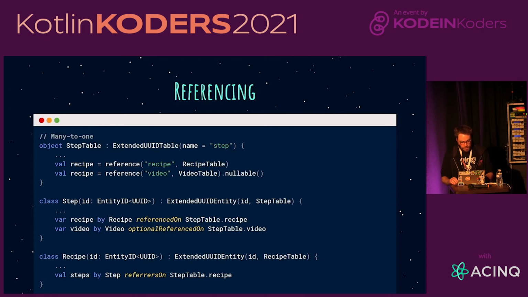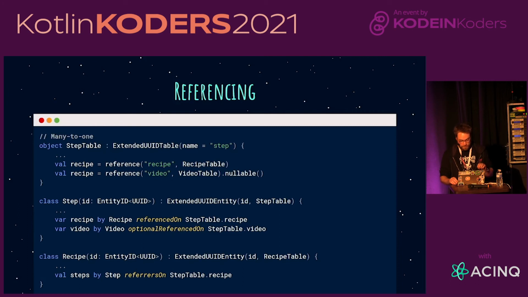And it will have a reference on a video table. So, for example, it might have a video explaining the step or not. So when I'm defining the step entity, I'm going to define, okay, I have a recipe referenced on the step table.recipe. Like that, I will be able to access the recipe.